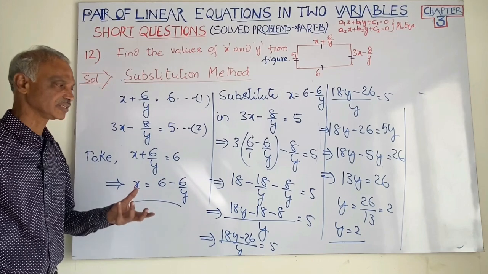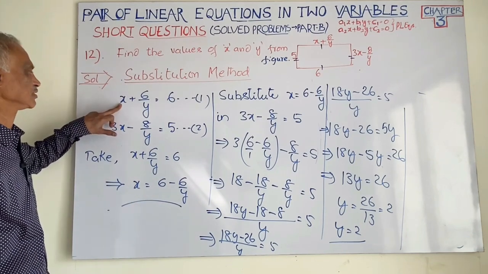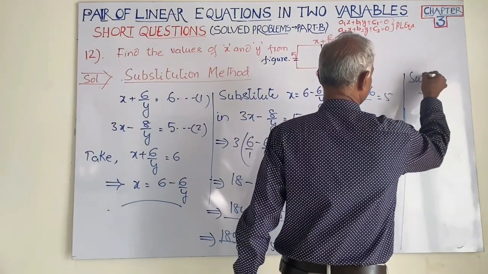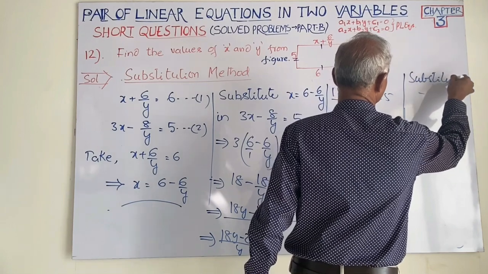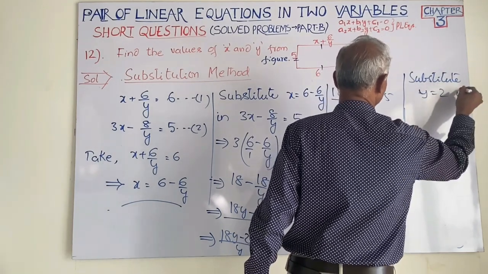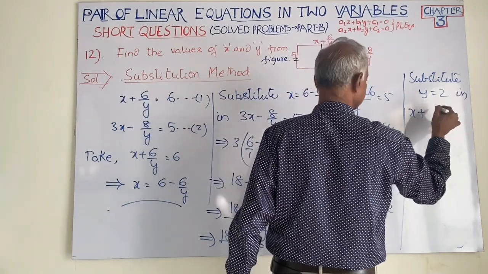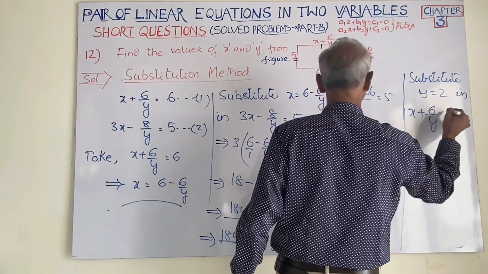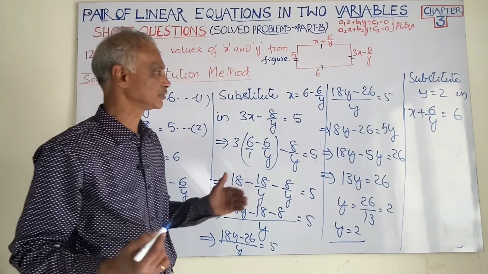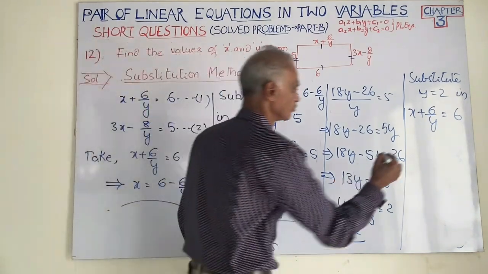Substitute the value of y is equal to 2 in one of these two equations. I will substitute y is equal to 2 in x plus 6 by y is equal to 6.